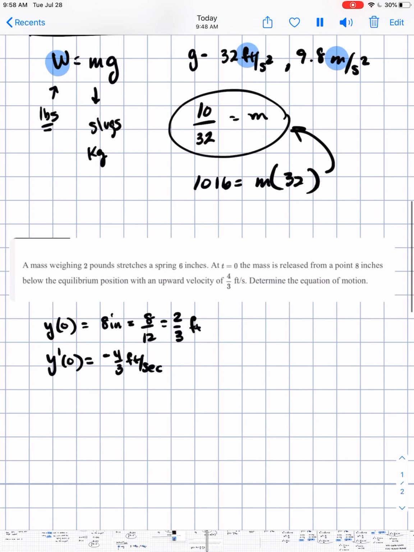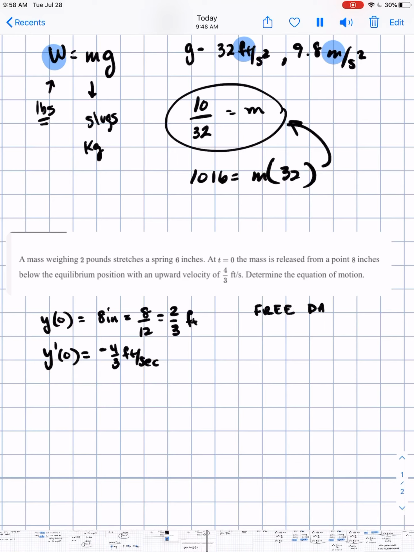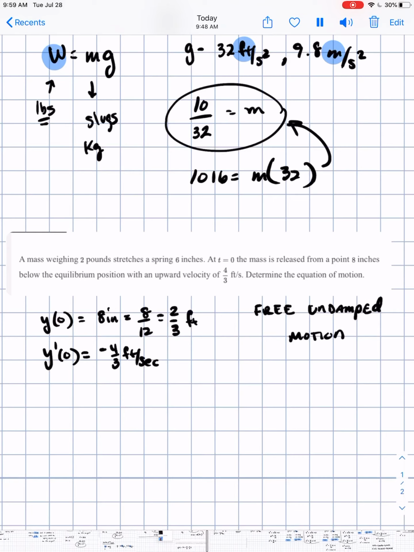So again, when you see a problem like this, we are just talking about free undamped motion.